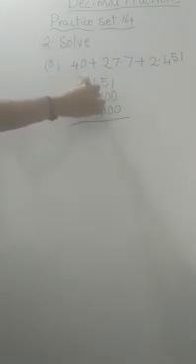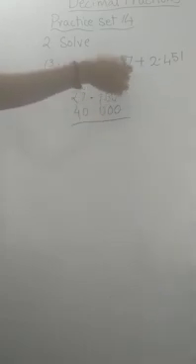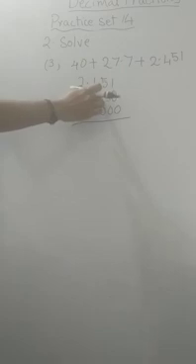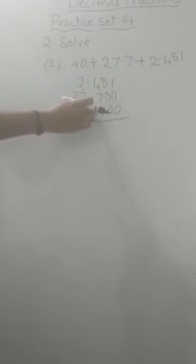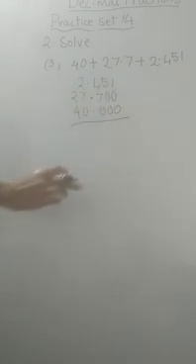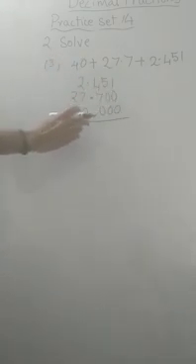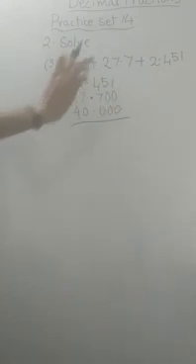After the decimal, if you put zeros on the right side of any digit, that is on the right side of 7, or if there are no decimals, you can put a decimal point and any number of zeros. That is, 40 can be written as 40.00, 20 can be written as 20.00, okay?